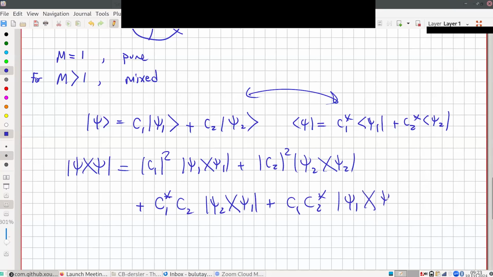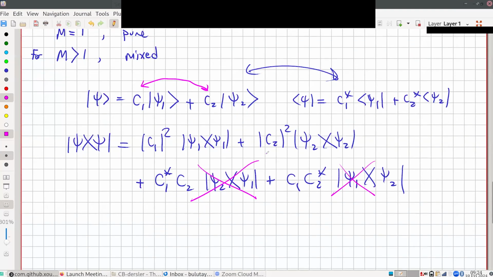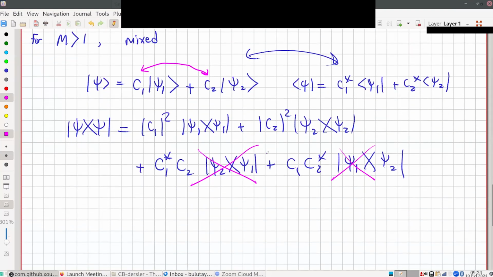So if you cannot preserve the phase coherence between these states, then these terms are scrambled, so you are left with a statistical mixture. That is the difference between a coherent sum and an incoherent sum.